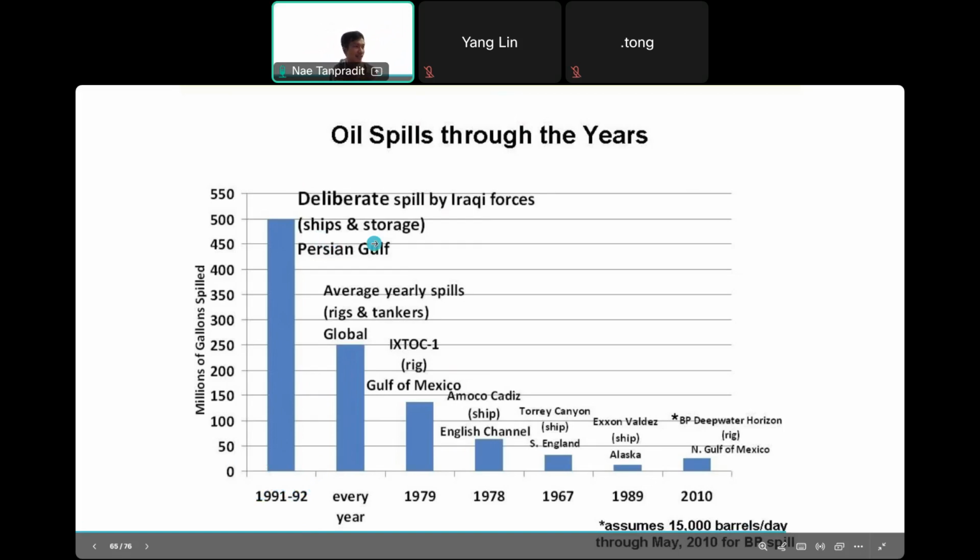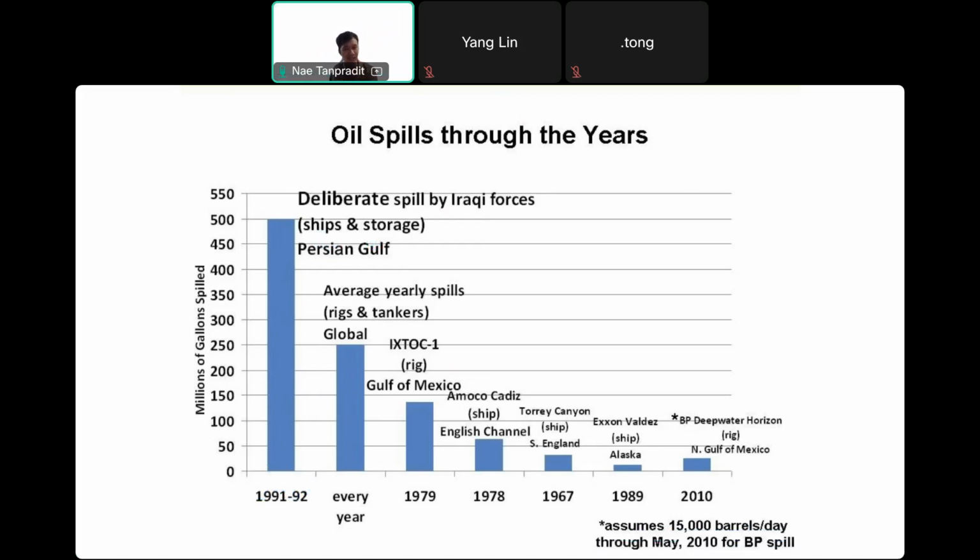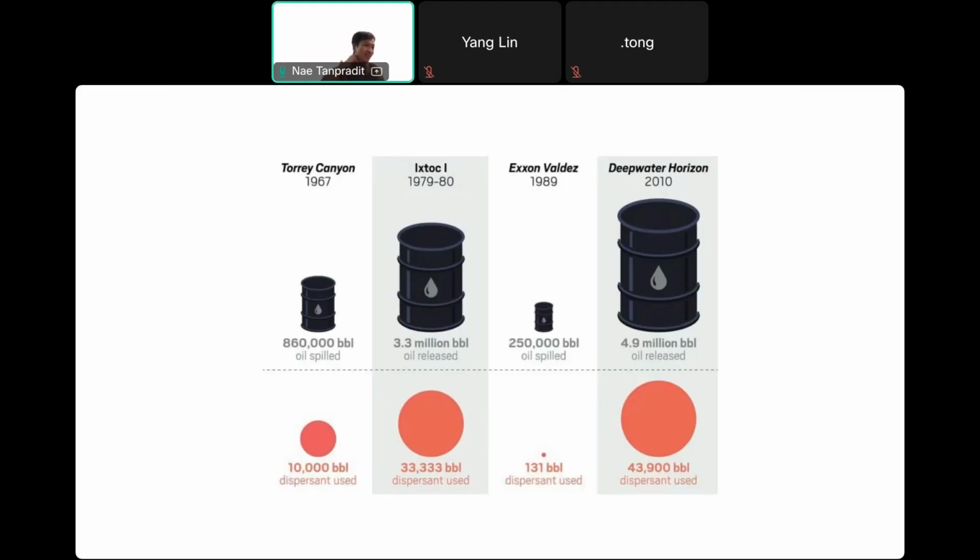In the Persian Gulf, they intentionally dumped oil into the sea, and they intentionally burned the oil to cause smoke in the air, because they wanted to hide their country from air attack. So this is a major pollution to the world. Not only the Deepwater Horizon, but there are many big conglomerate companies causing this problem.